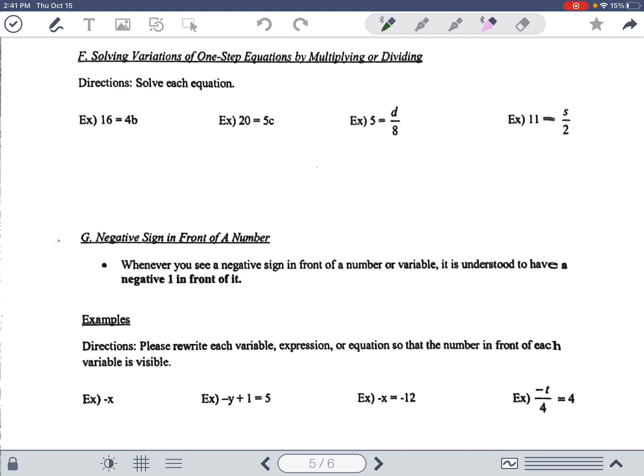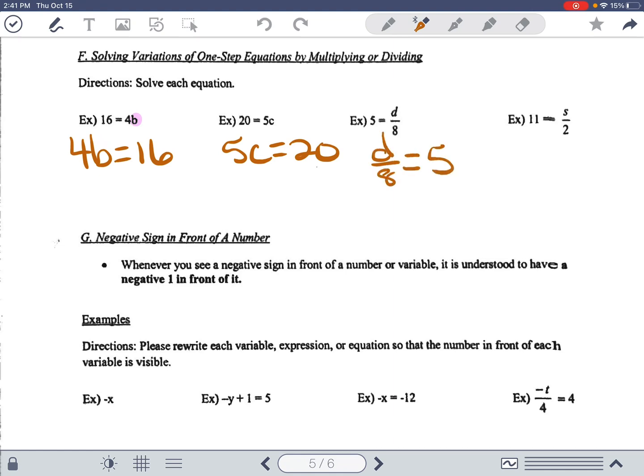Again, in all of these, the variable is on the right-hand side, so I'm going to rewrite them so that the variable is on the left-hand side. 4b equals 16, 5c equals 20, d divided by 8 equals 5, and s divided by 2 equals 11. I'm just switching the two sides here.